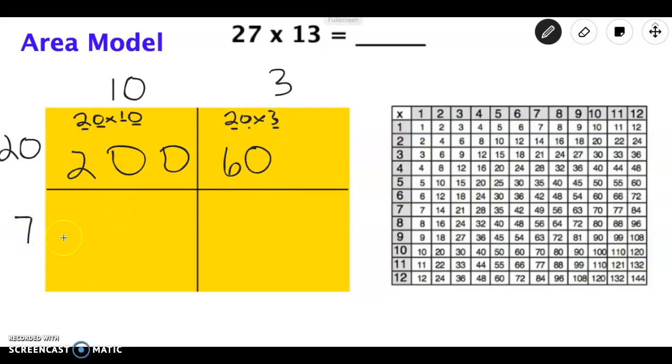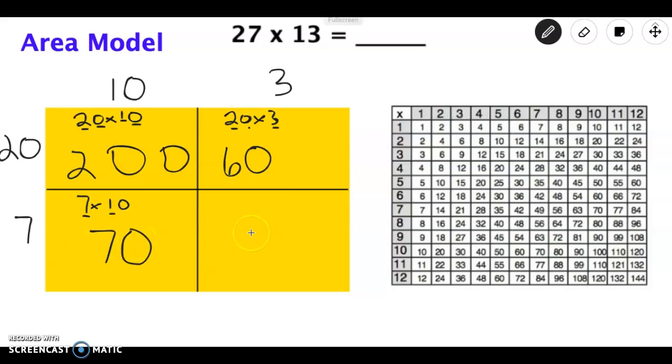I have 7 times 10. I'm thinking 7 times 10. I can check here. 7 times 10 is 70. Or I can do the same strategy. I know 7 times 1 is 7 and add a 0, so that's 70.